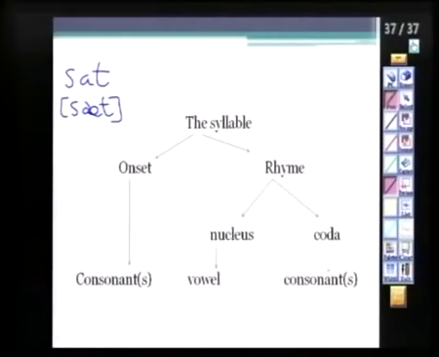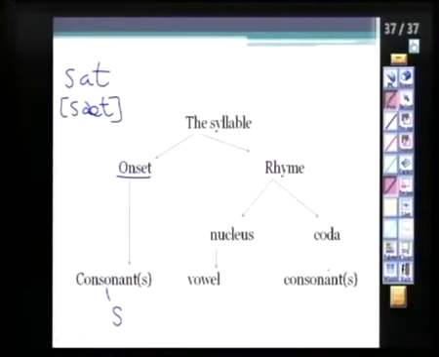Let's look at this. Any syllable in any language would consist of the onset. The word onset means the beginning. The onset could consist of one consonant, two consonants, up to three consonants in English. We're going to give examples. So you have sat, you have the sound sa is an onset because that's the beginning of the word. Then the syllable consists of a rhyme. The rhyme consists of a nucleus.